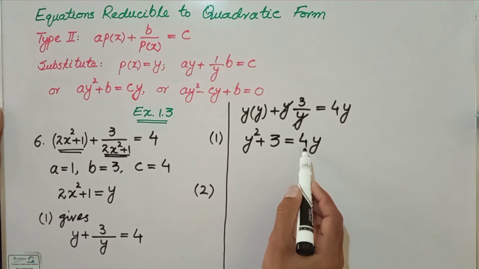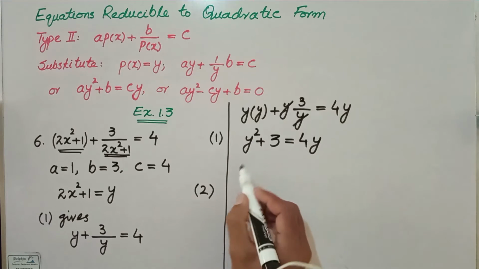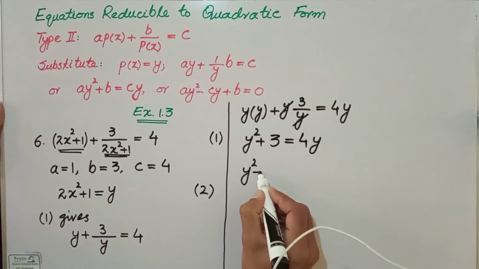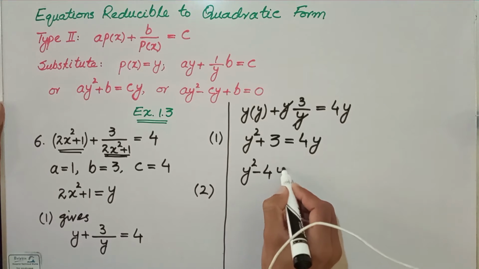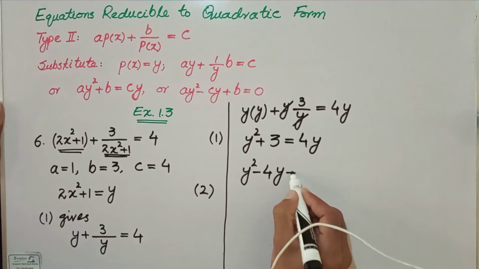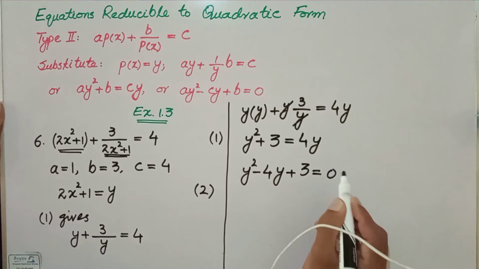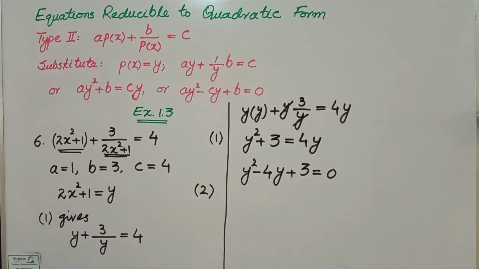Now we'll shift 4y to the left hand side. This is positive, it will become negative on the left hand side. We have y square minus 4y plus 3 equals 0. Now we see that this is a quadratic equation in y.